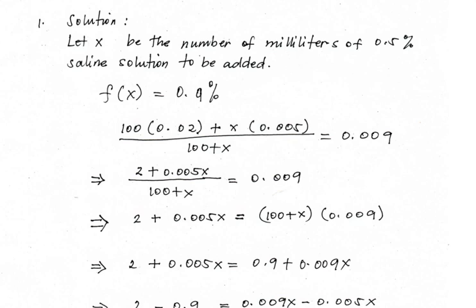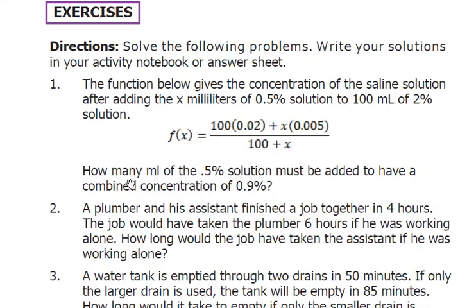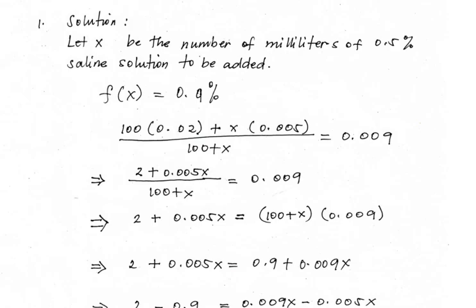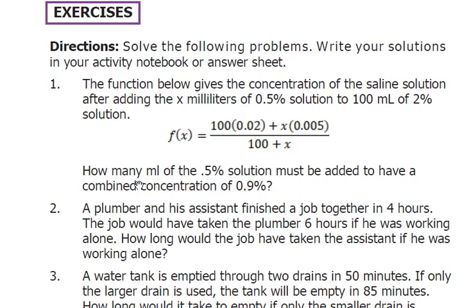And we know, as given in the problem, that f of x is the function of concentration of saline solution. What is asked is how many ml of the 0.5% solution to be added to have a combined concentration of 0.9%.